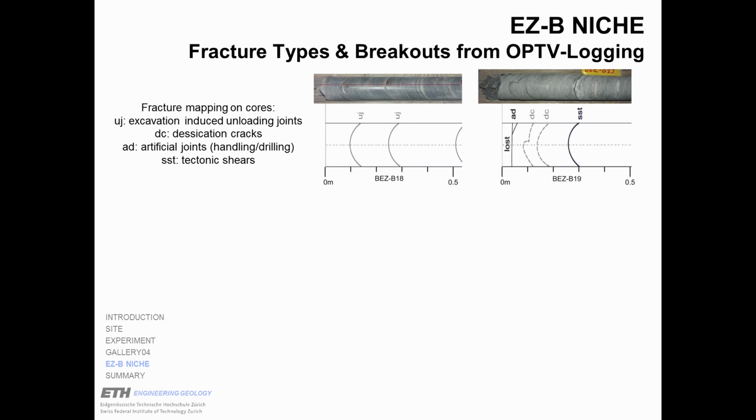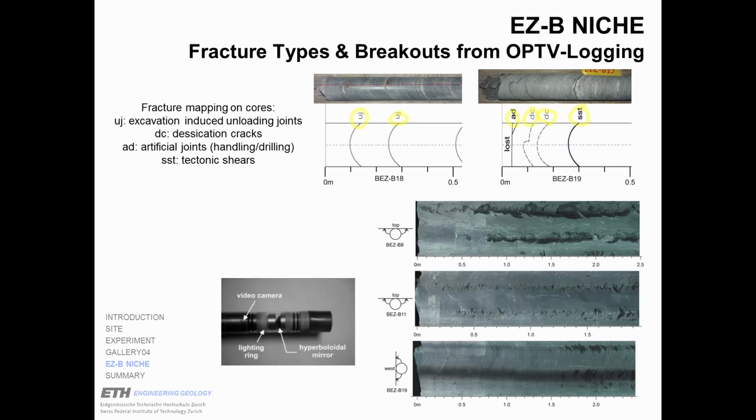So you have excavation-induced unloading joints, and you have desiccation cracks because the cores dry out, and you have a lot of artificial joints which are caused by handling, which are caused by drilling, and then we have the tectonic shears. The classification of these different fracture sets on core is not always very clear, so it has been very important to compare this classification with what we can see in optical televiewer images.